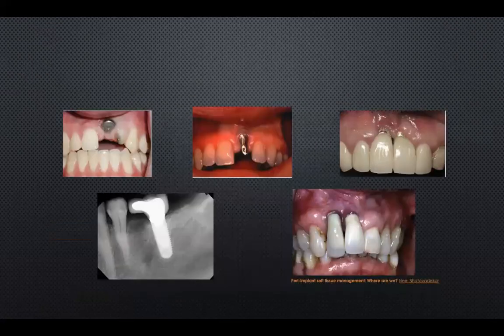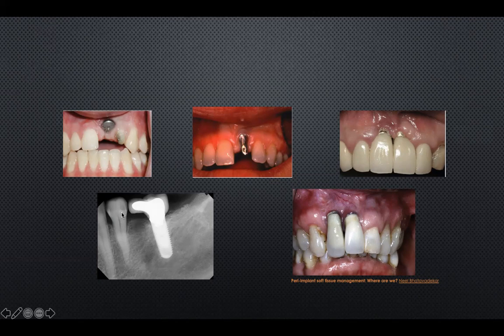And basically, we want to avoid situations like this where the implants are integrated, they're not mobile, there's no bone loss, but prosthetically, they're not very pleasing, aesthetically or functionally. And these photos are taken from the internet. This is an actual patient that I have.